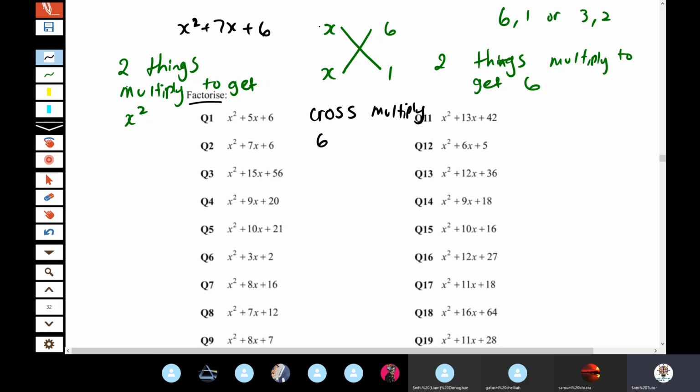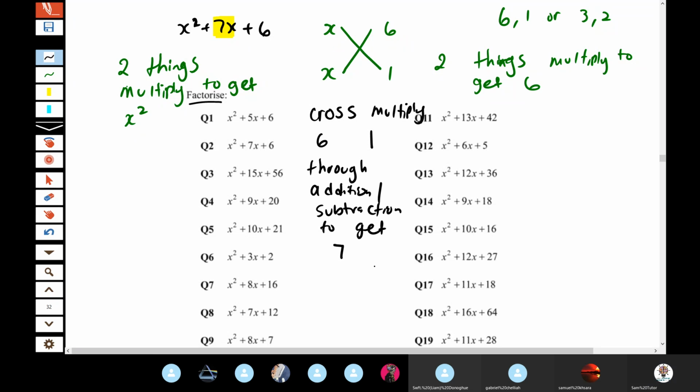And 1 times the coefficient here is also 1. It's cross multiply, 6 and 1, which, like I said, it won't make a big difference right now. You'll see that once you get to the harder questions, the crossing. But cross multiply through addition and subtraction to get the middle term, to get 7.